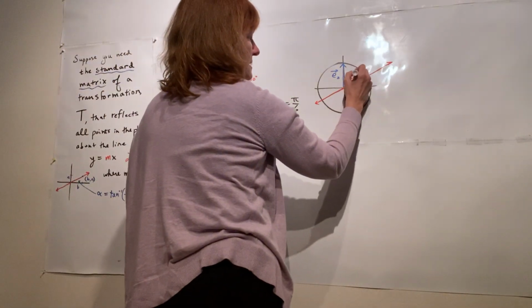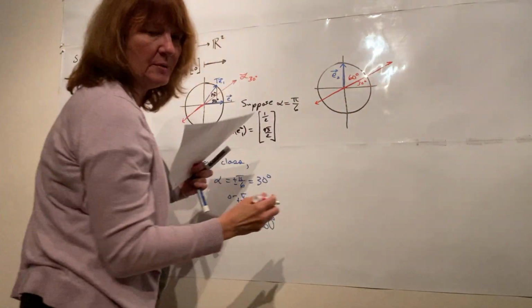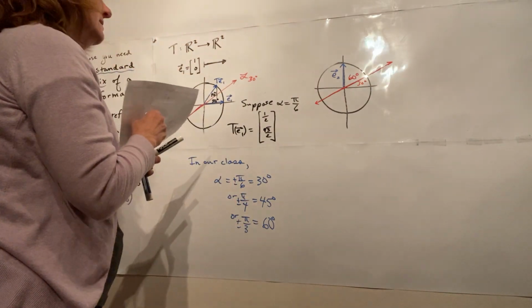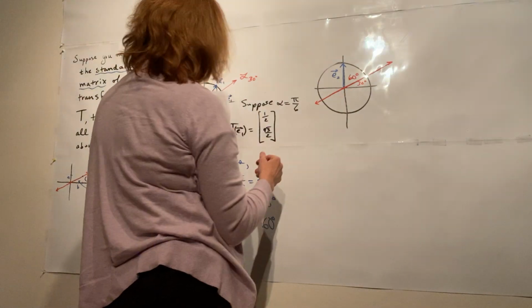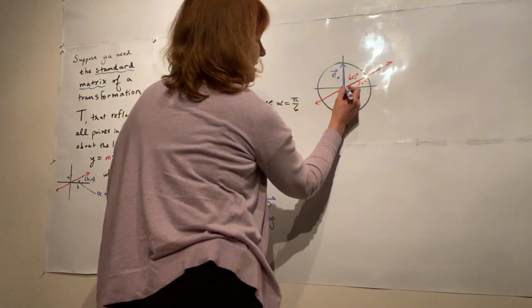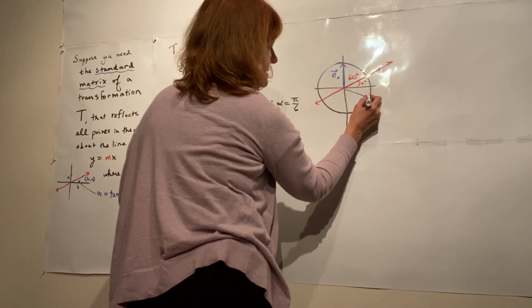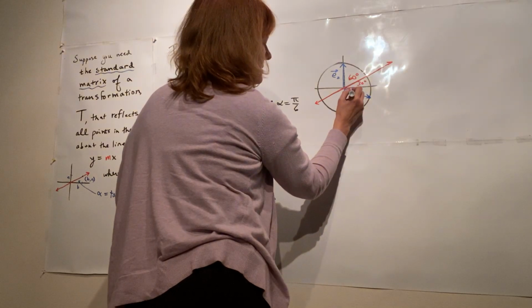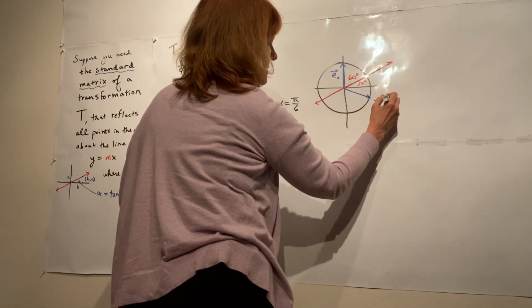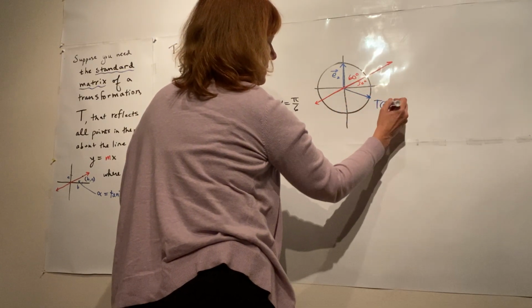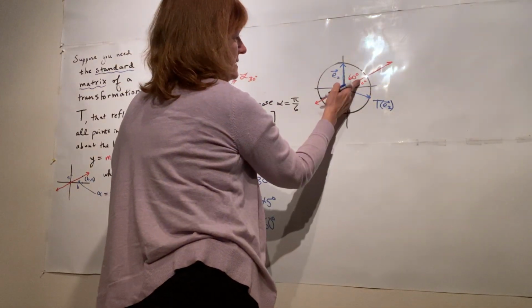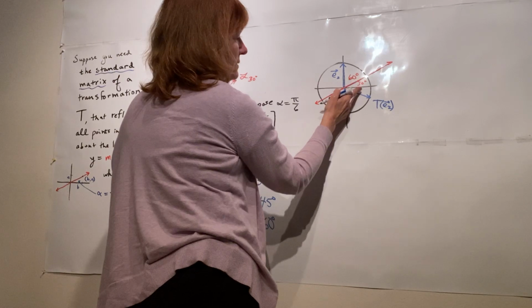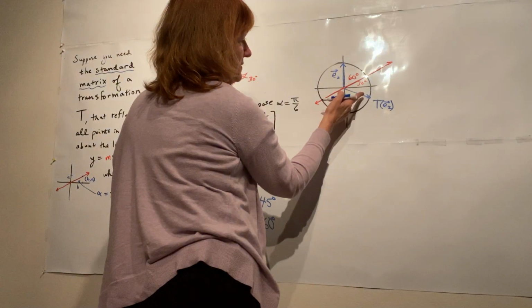Then this complement here is 60 degrees. So if you're reflecting e2 across that, well, then its image is going to be another 30 degrees down here, isn't it? So T of e2 will be down here. So that was 60 degrees to the line L. We got to go another 60 degrees, reflecting away from it.